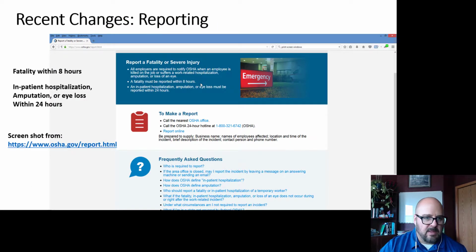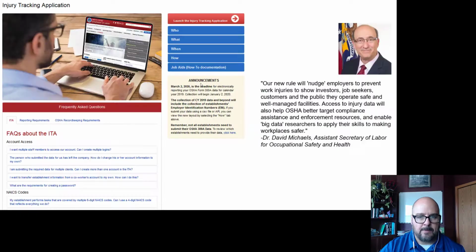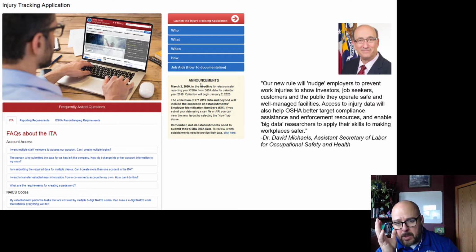So the changes for the contact for fatality versus inpatient hospitalization, amputation, that's new. That changed a few years ago, which is why I still have that there. And Dr. Michaels, he's not the head of OSHA now. He was when the Obama administration was in charge.